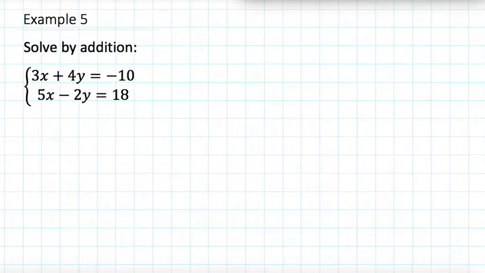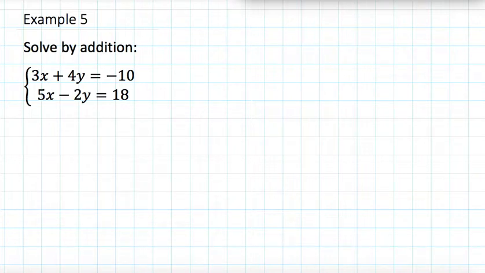Now notice in this problem, I have both equations with x and y on the same side, and I don't have any x or y that doesn't have a number in front of it. So substitution is not going to be a good method to use for this problem. Some of the problems can be done with either addition or substitution. Some of the problems, the way that they're set up, it's going to make one method or the other a little bit easier.